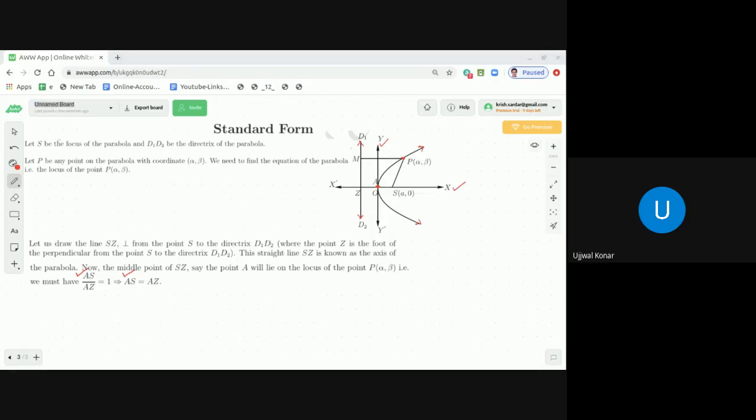So now let us select the point A as the origin O, the x-axis along AS, and the y-axis along the perpendicular to the AS at the point A. Now, how we are choosing? Let us select the point A as the origin. That means the point A and point O, that is the origin of the Cartesian coordinate system, actually coincide.